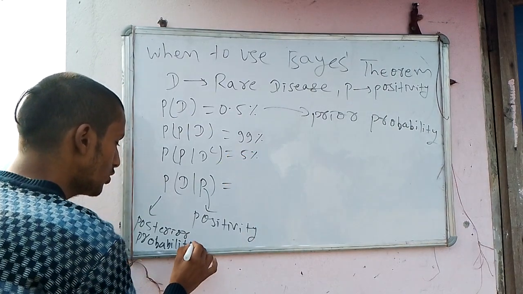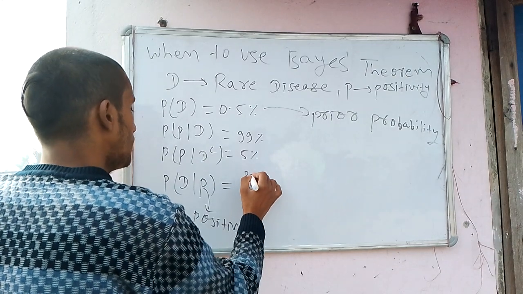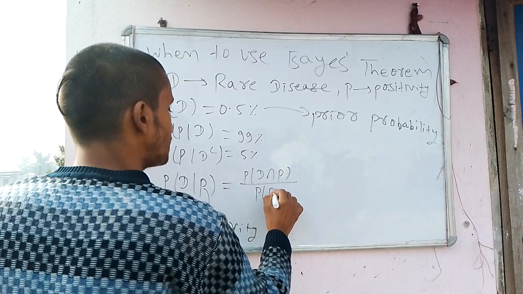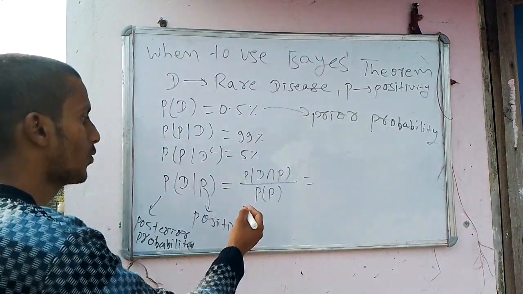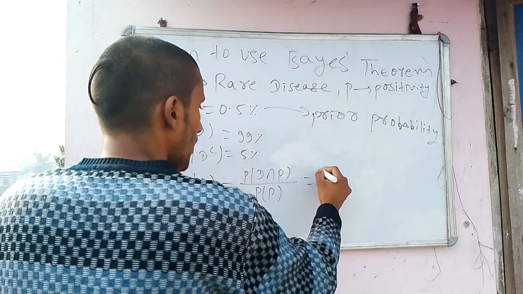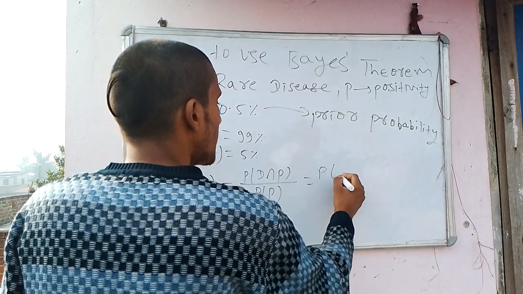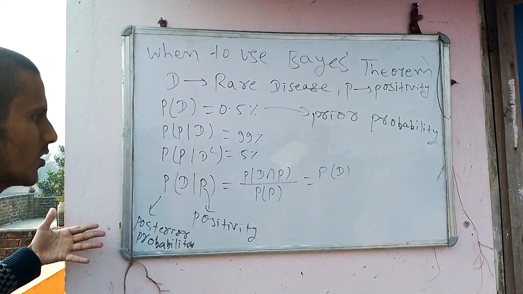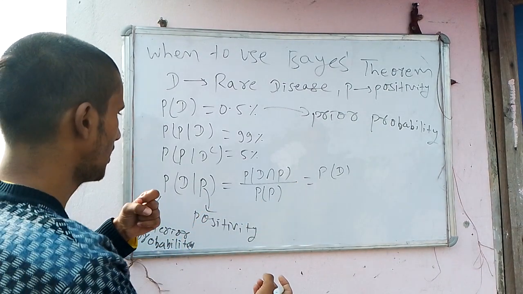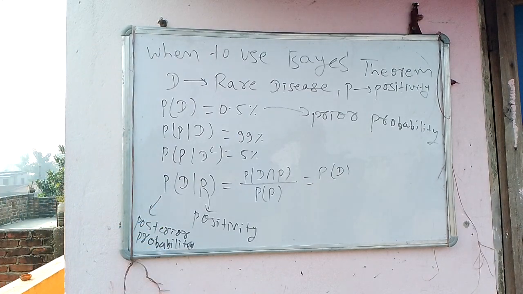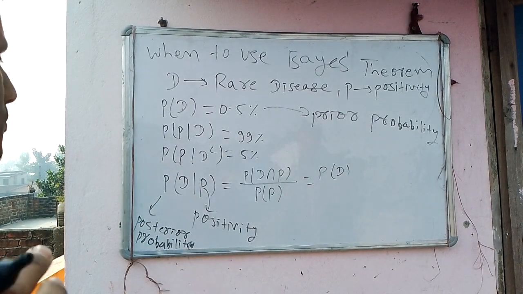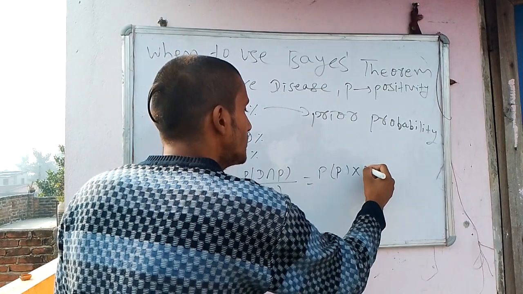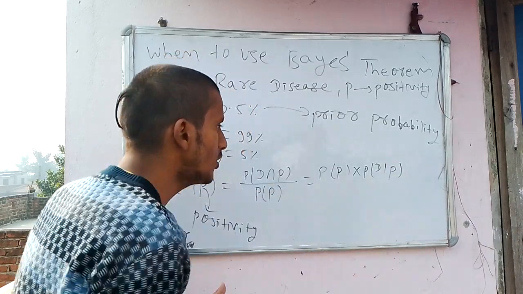Okay, to answer this question, we know the formula. This is probability of D intersection P divided by probability of P. And probability of D intersection P, we cannot write as probability of P times probability of D given P, because D given P is unknown.